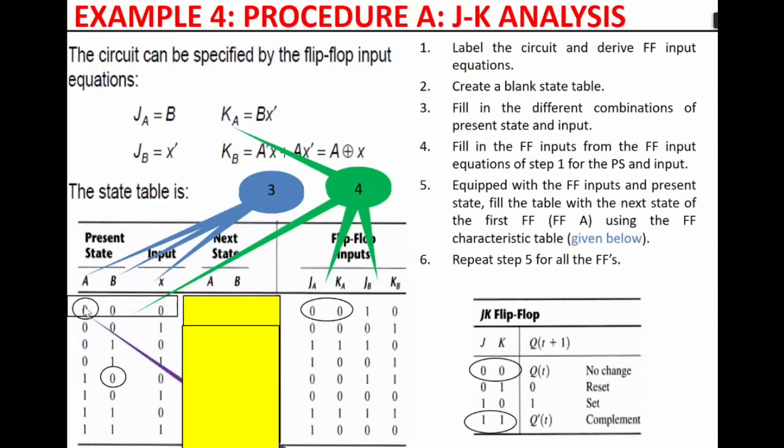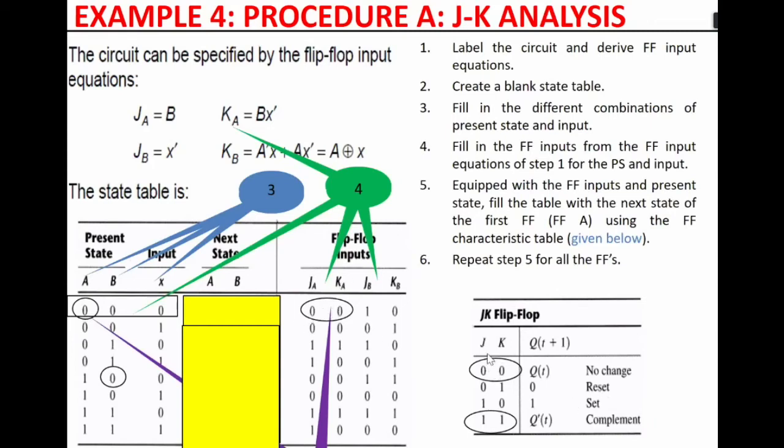If the present A at time t is 0, and remember JA and KA is 0, 0, what will be the next state of A? Ask yourself that question. Remember, the present state is 0. The flip-flop inputs of flip-flop A are 0, 0.